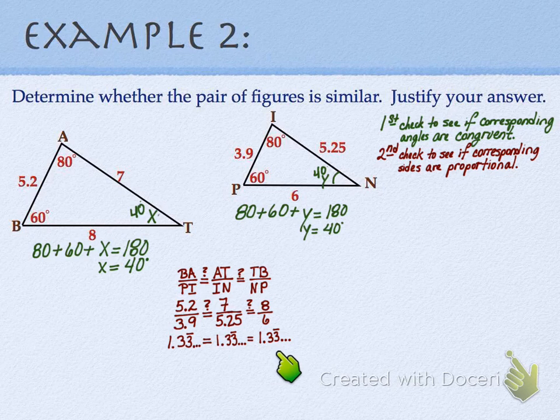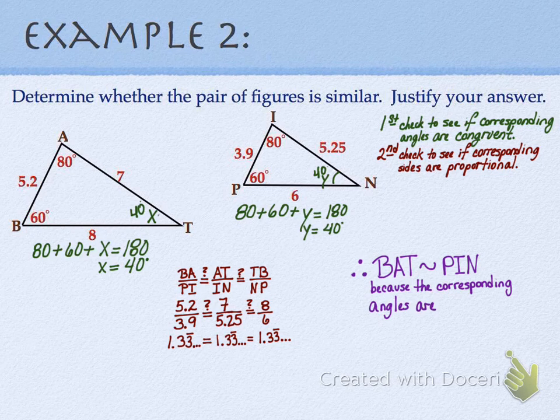Because these ratios give me the same decimal, we know that the corresponding sides are proportional. So we know the angles are congruent, we know the sides are proportional, so we can say that triangle BAT is similar to triangle PIN, because the corresponding angles are congruent and the corresponding sides are proportional.